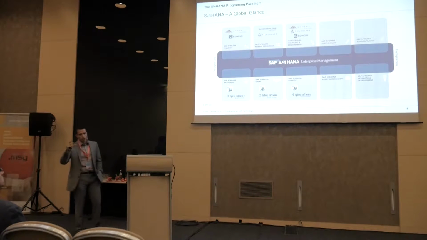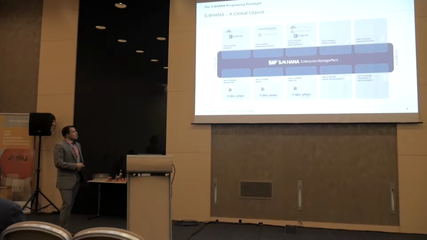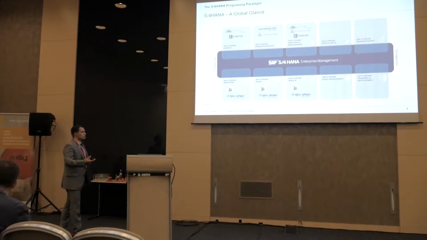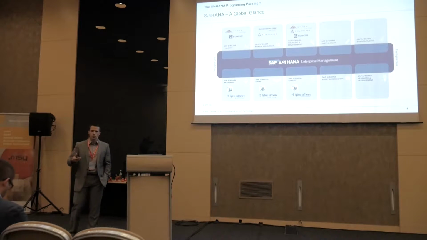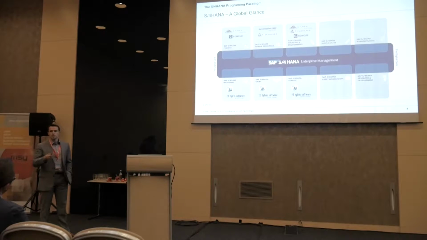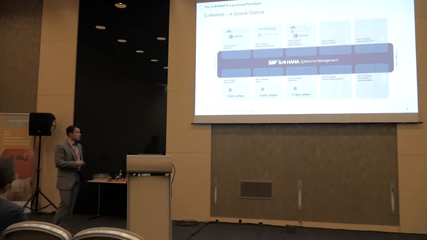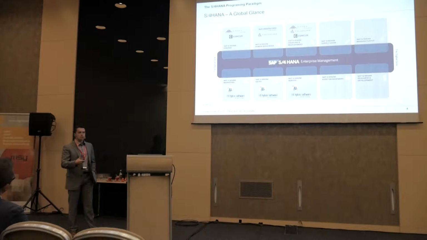Taking a more global glance at S/4, away from the timeline, we see that S/4 is much more than just the old ERP. We have something that SAP calls the digital core, that's the S/4HANA Enterprise Management. That's something like the suite, with the simplified processes, with the new user experience, and so on and so forth. But due to the streamlining of the processes, some complementary processes were brought out of the core and landed in these gray areas.